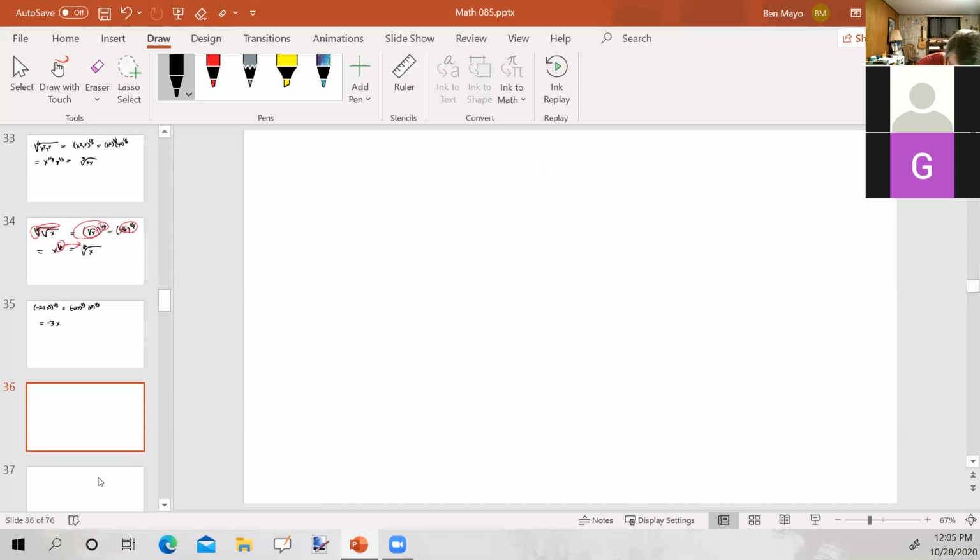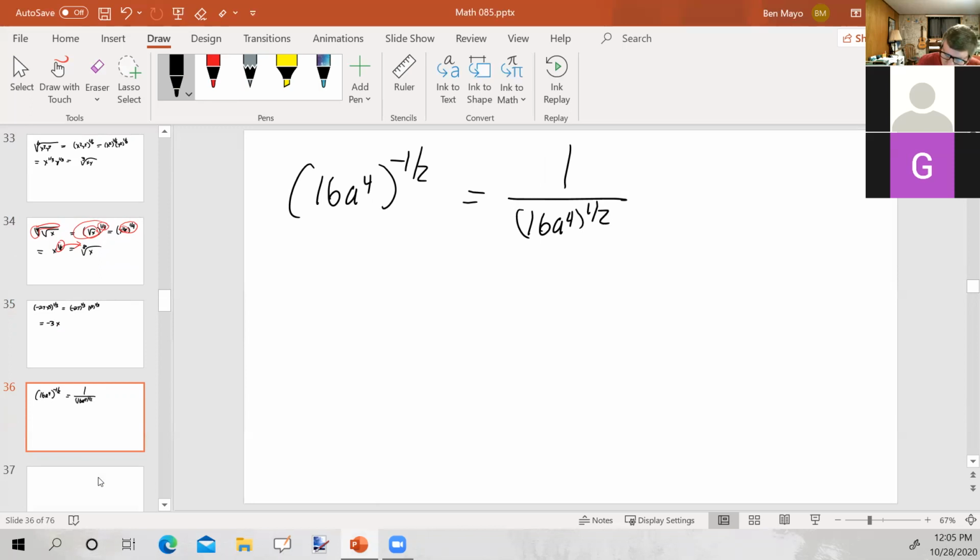Let's see here. 16a to the 4th to the negative 1/2 power. So that would be 1 over 16a to the 4th, the whole thing to the positive 1/2 power, which is 1 over 16 to the 1/2 power, a to the 4th to the 1/2 power, which is 1 over... what's 16 to the 1/2 power?